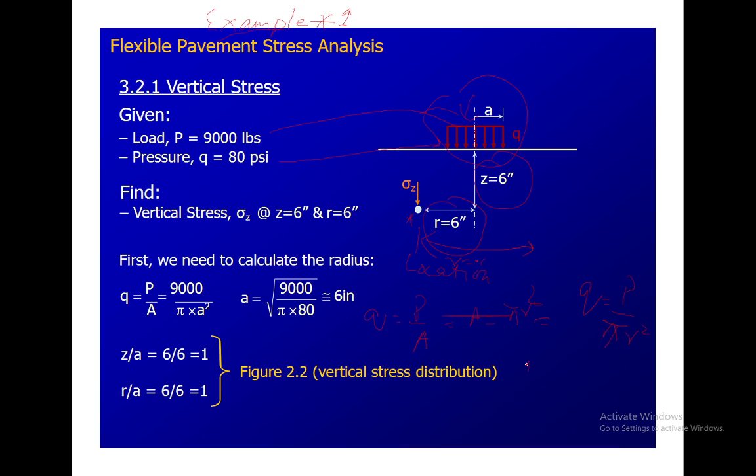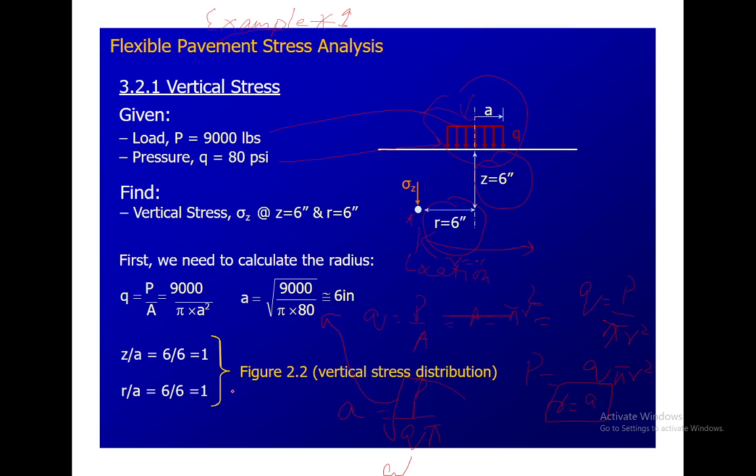Here you can see how we determine it. We have the value of R and the value of Z. We put those two values in to determine R by A and Z by A, which I already mentioned in the previous chart. So we can determine the vertical stress distribution.